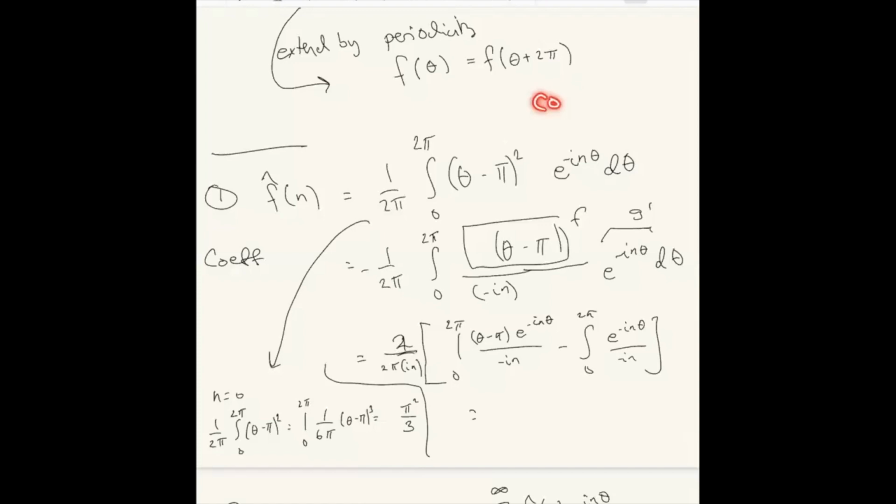Or if you have cosine n times 0 plus sine n times 0 times i, well, this imaginary part vanishes and the real part becomes 1. So the formula also agrees with this. So this gives us 1. And then this is just an integral of a second order polynomial. Trust that you can all do this with the substitution. You get pi squared over 3, assuming that I did this right.